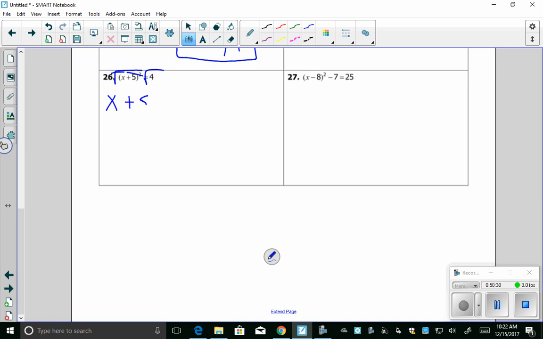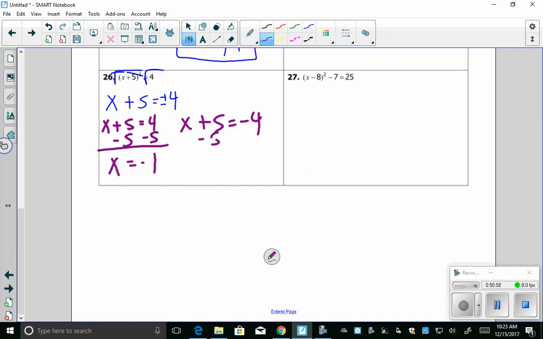I'm left with x plus 5 equals the square root of 4, which is plus or minus 4. Don't forget both signs. From here, split it up so that x plus 5 equals positive 4 and x plus 5 equals negative 4. Subtract 5 from both sides.